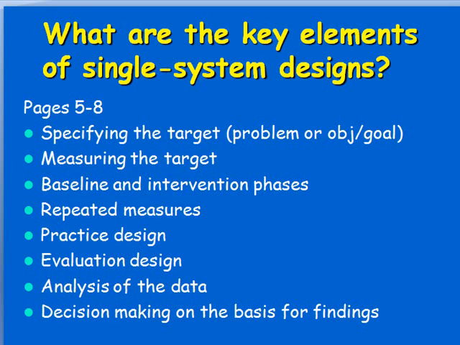We measure that target using a variety of tools. There are 5 chapters in the book that talk about that. There are of course standardized scales that we can use. There are what are called individualized rating scales.